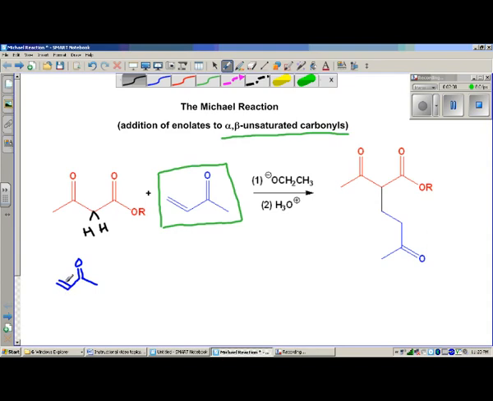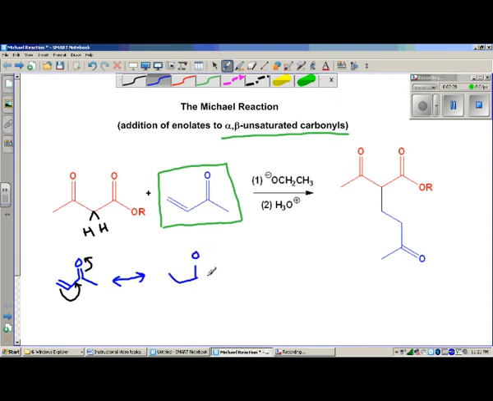Alright, well, let's try and push some arrows. Remember we said before, these electrons are conjugated, so I can push these arrows up onto here. And so I can actually generate a resonance structure for this alpha-beta unsaturated carbonyl. So let me draw this out again.